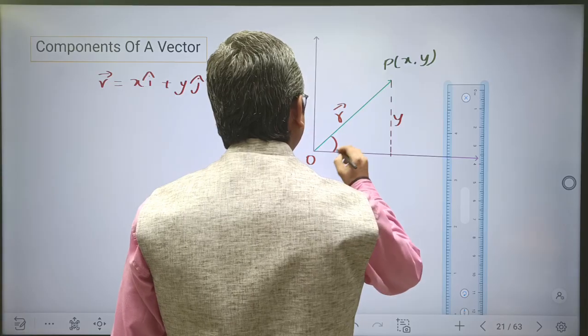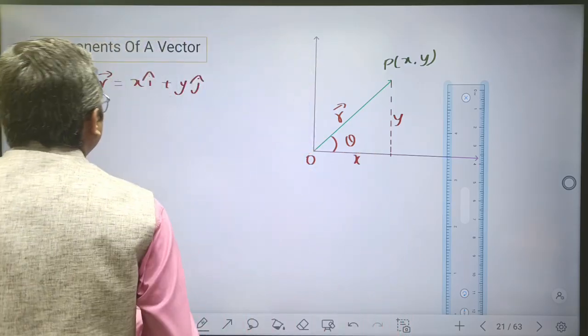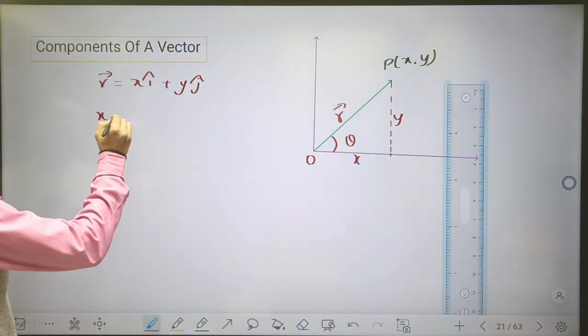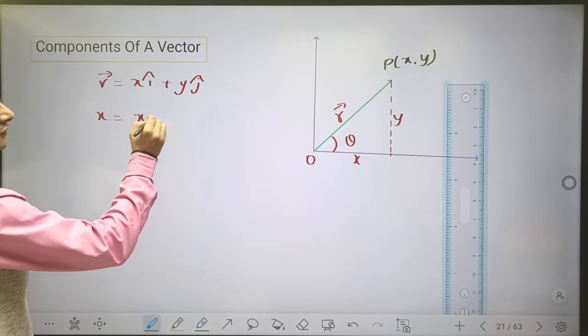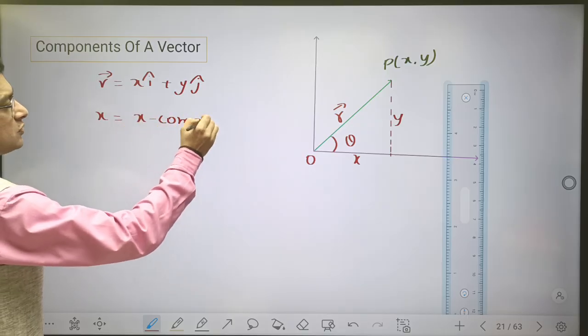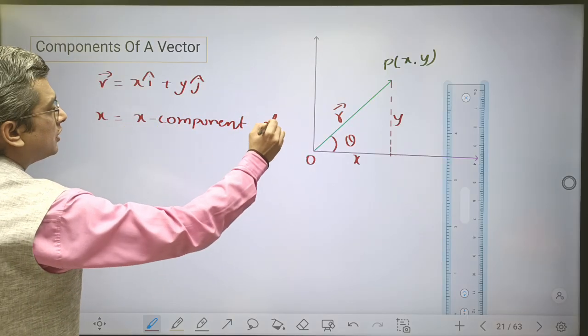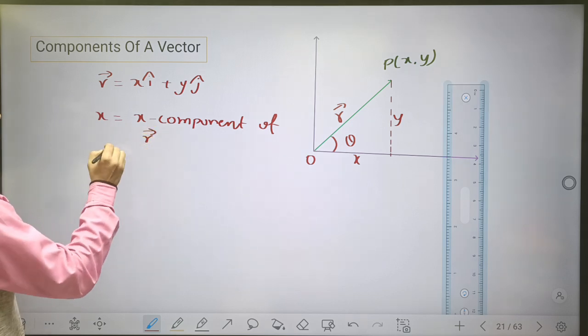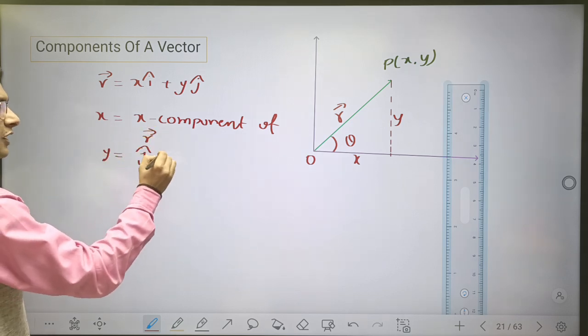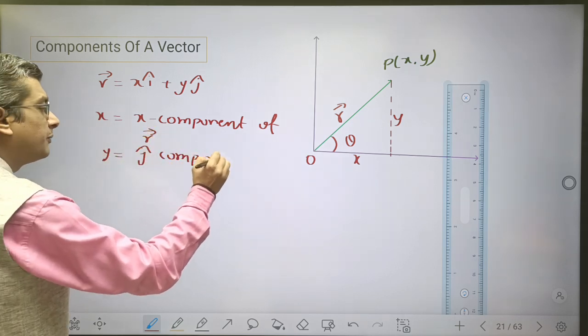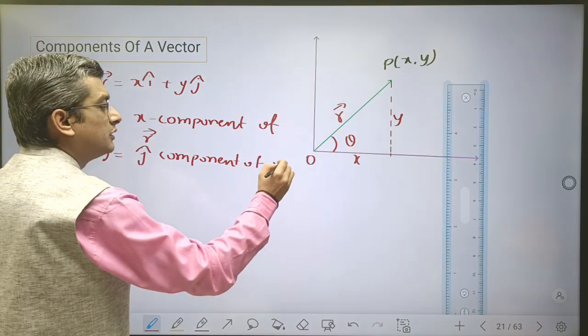Now suppose this angle is theta. So this x is nothing but the x component, or you can say the i component, of vector r. And y is the j component, or y component, of vector r.